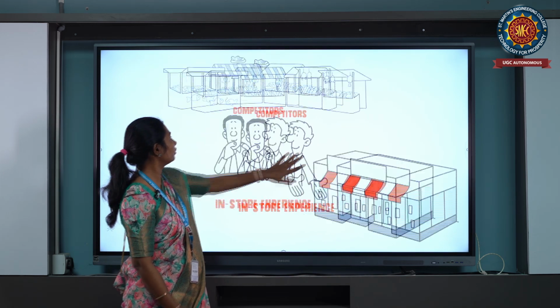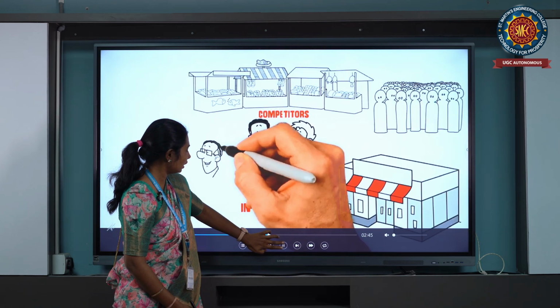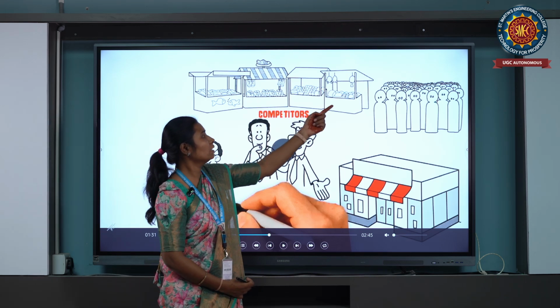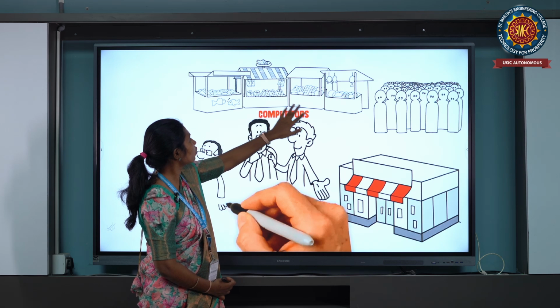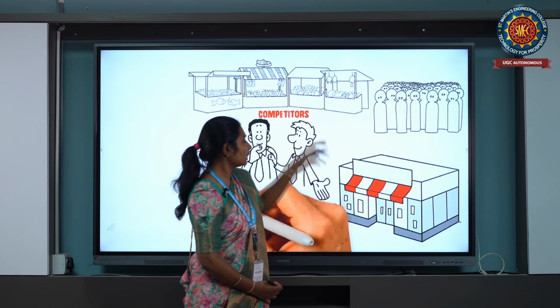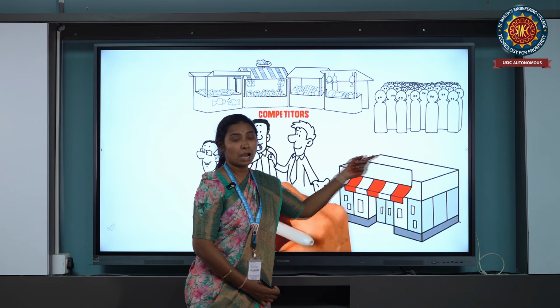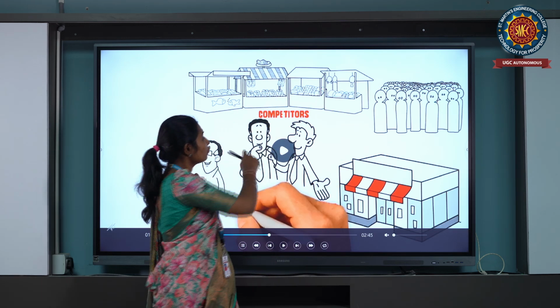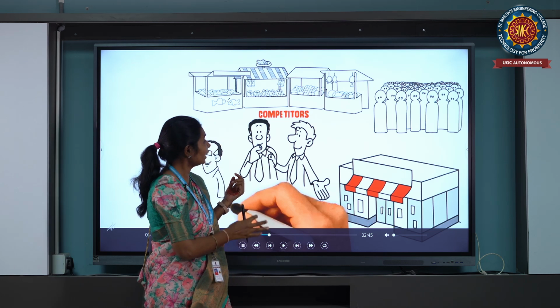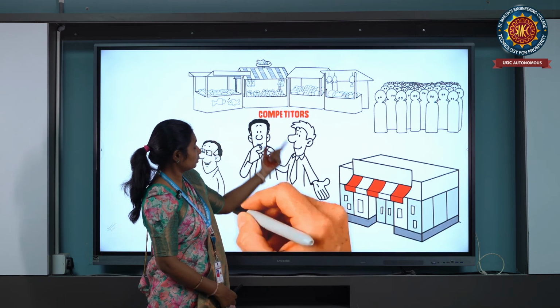In the market we have so many stalls. So how we attract customers to our supermarket from among these many stalls is important. For that we have different ideas about the supermarket.